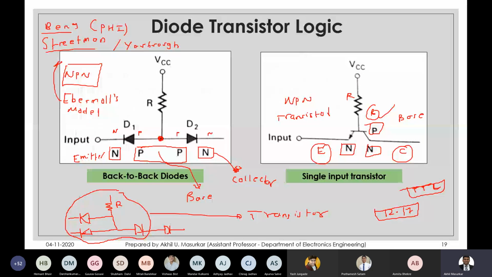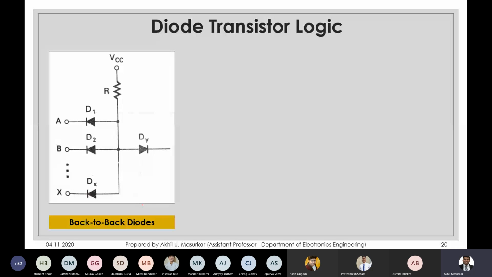Okay, so let's start. Taking this model forward, this is the place where we saw back-to-back diodes. Let's say that if it's a 3 input, then this can be ABC. If it's 4 input, it can be ABCD.